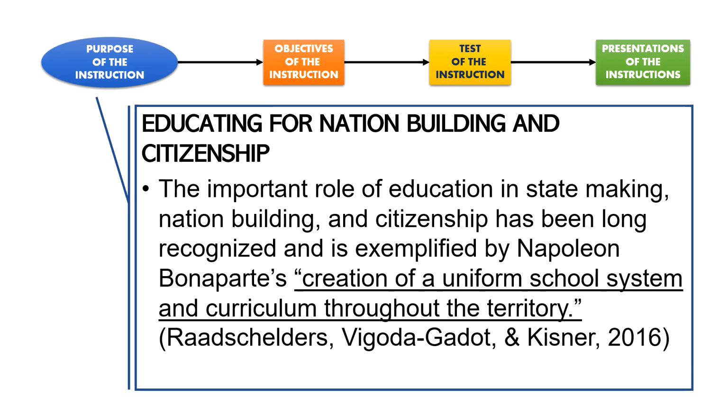The creation of a uniform school system and curriculum throughout the territory is basically one way to ensure that people are participants in state making and nation building. So it's really not something we just want to do. It's important in nation building, and even for our own education for nationalism.